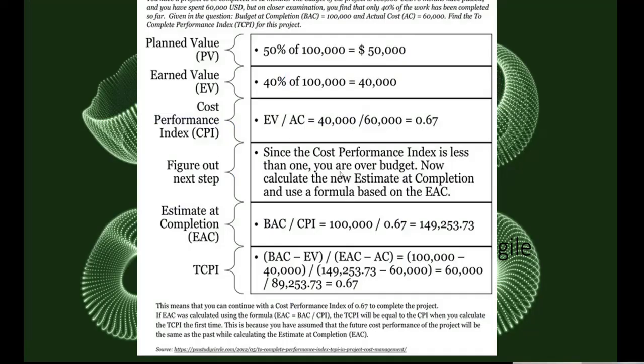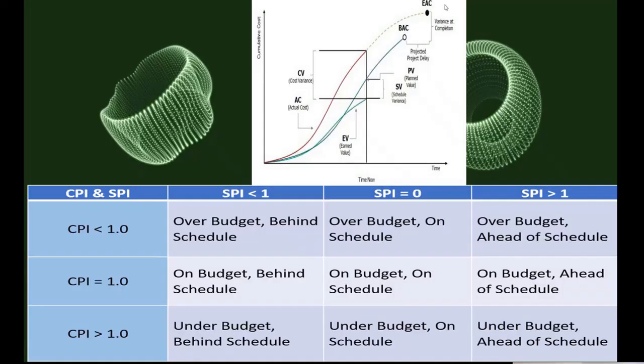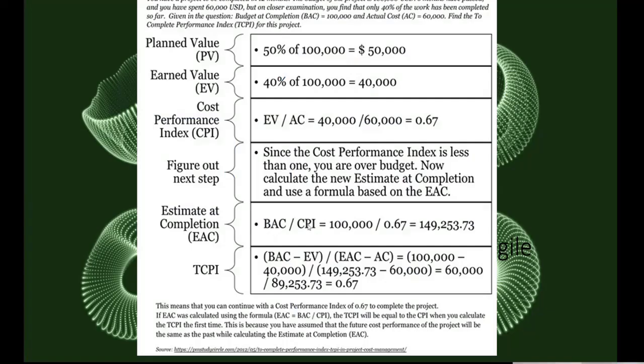You see, this one is 0.67, so you can also find this. It is over budget and behind schedule, right? And this is the EAC. EAC means BAC divided by CPI.